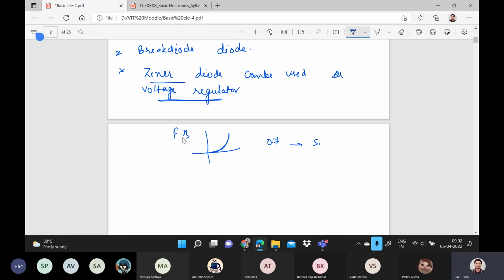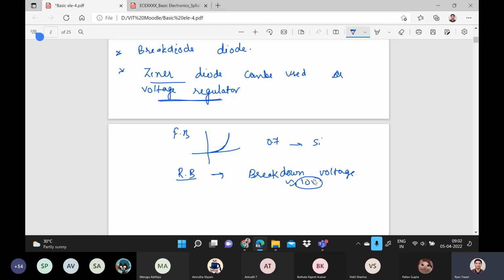And if we see the numerical, generally they give the values like 10 volt, 8 volt. I'm talking about the reverse breakdown voltage. In case of reverse bias, the breakdown voltage is around 10 volt. That means they will give in the numerical what value you have to take.